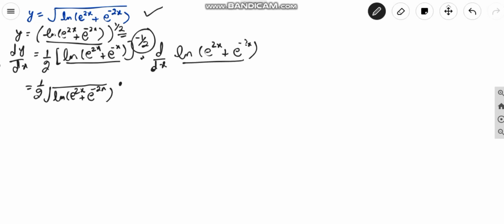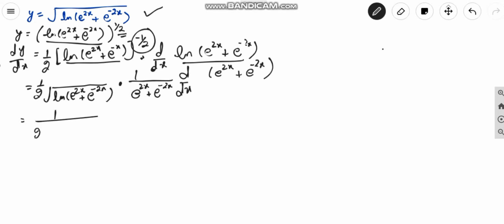Derivative of natural log, as you can remember, we have discussed, the derivative of natural log of x is 1 over the given function, times the further derivative of e^2x + e^−2x.